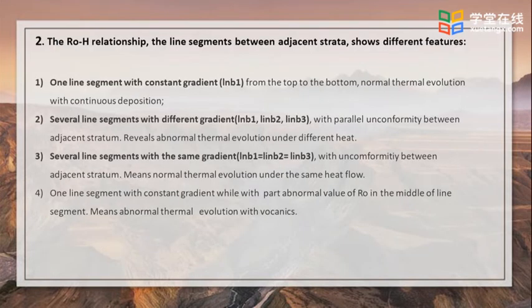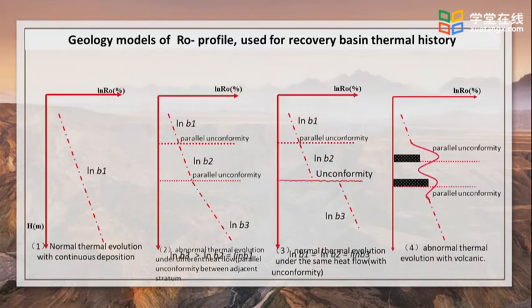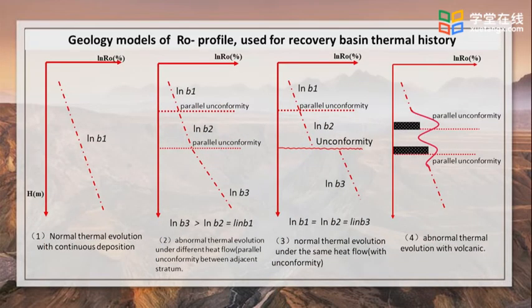And here number 2, we can see several line segments with different gradients, line B1, line B2, line B3, with a parallel unconformity between adjacent strata, and this could reveal the abnormal thermal evolution under different heat flow. So you can see it in the second chart here, from line B1 to line B2.